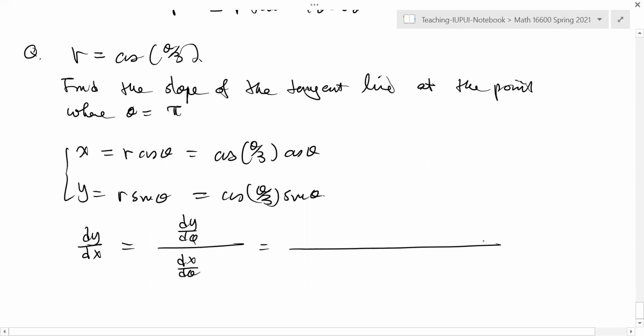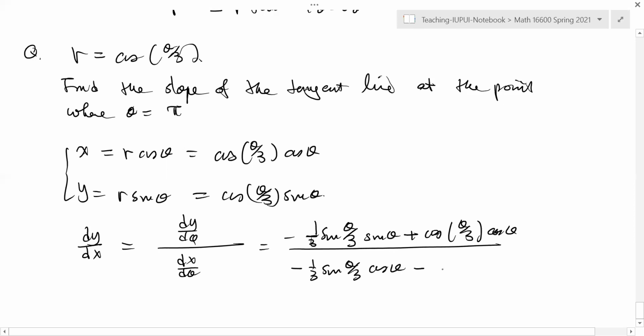Differentiating y with respect to theta gives negative 1/3 sine theta over 3 times sine theta plus cosine theta over 3 times cosine theta. You don't need to simplify. And dx d theta is negative 1/3 sine theta over 3 cosine theta minus cosine theta over 3 sine theta, because the derivative of cosine is negative sine. All right, so this is the expression.